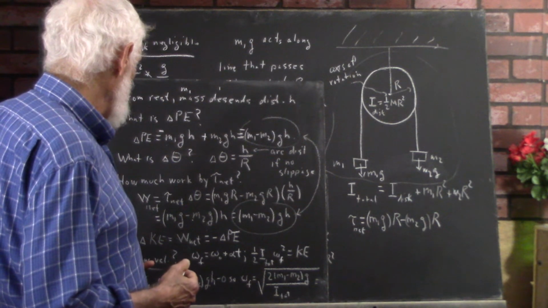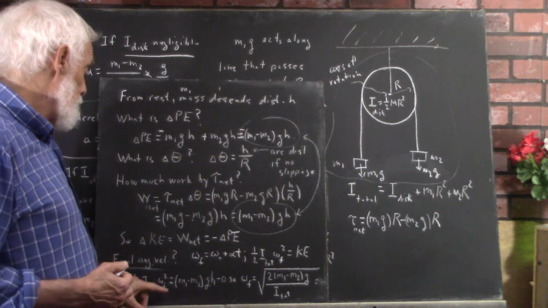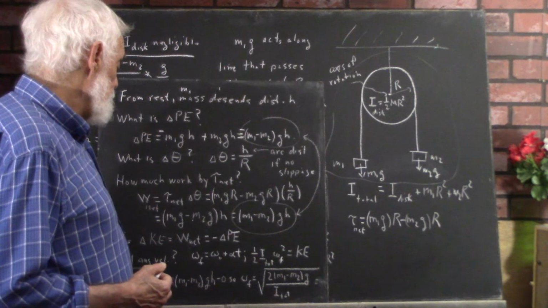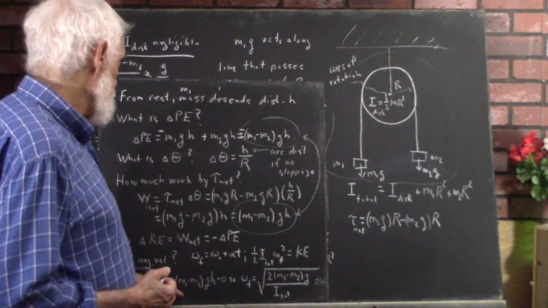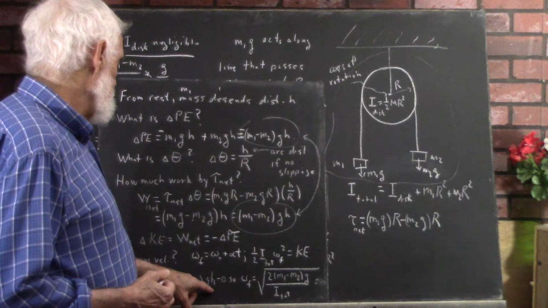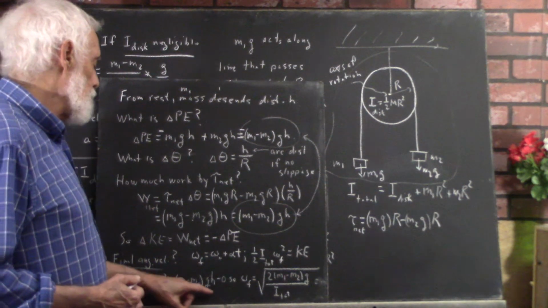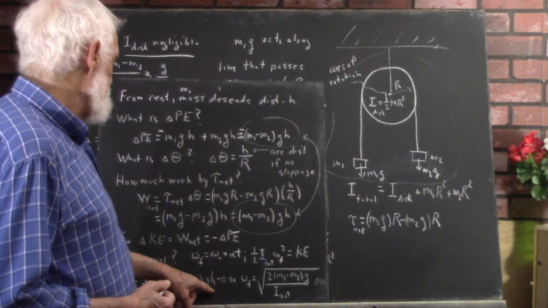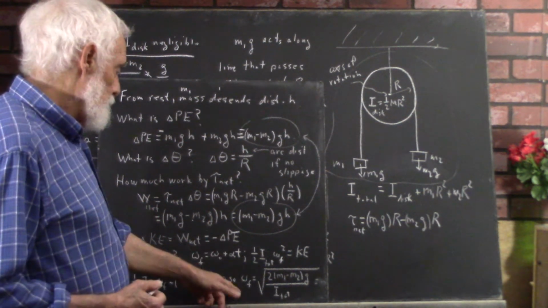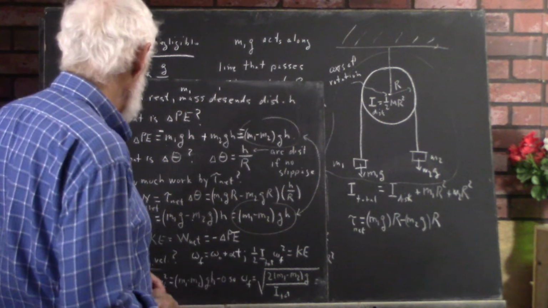And we could then set the expression for kinetic energy, 1/2 total moment of inertia times omega f squared, equal to the change in potential energy, which is m1 minus m2 gh, that's equal to the change in potential energy minus the initial potential energy. So we immediately get the expression for the final angular velocity.